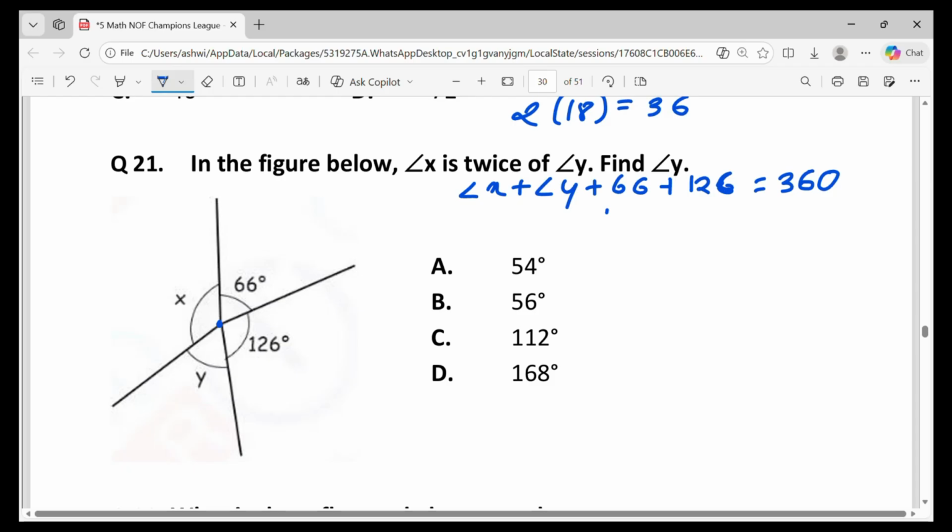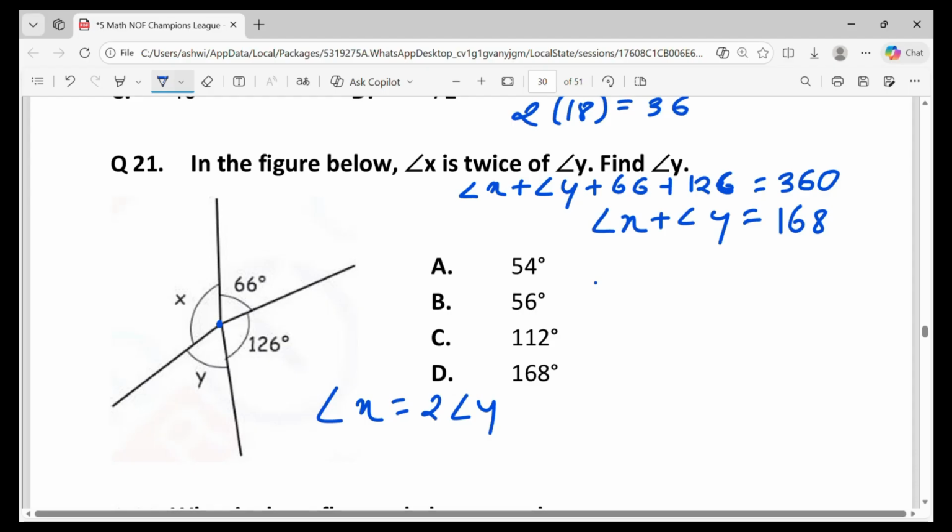So angle x plus angle y is equal to 168. Now we are given that angle x is twice of angle y. So angle x is equal to 2 angle y.